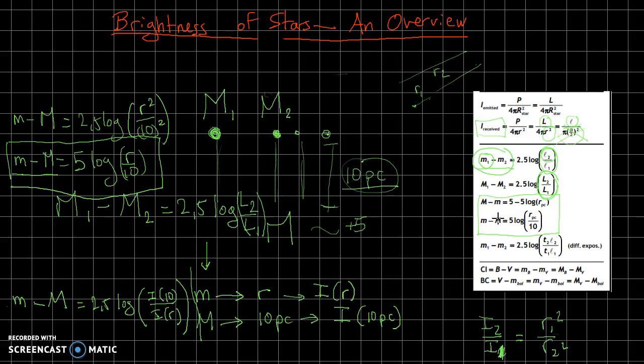Here the order is swapped, and the 10 parsec and the distance have been separated into two different logarithms, and then logarithm of 10 is 1, so you have 5. Anyway, we'll be using this version. In the next part, I will be discussing these last two equations, which contain some very important concepts to us.